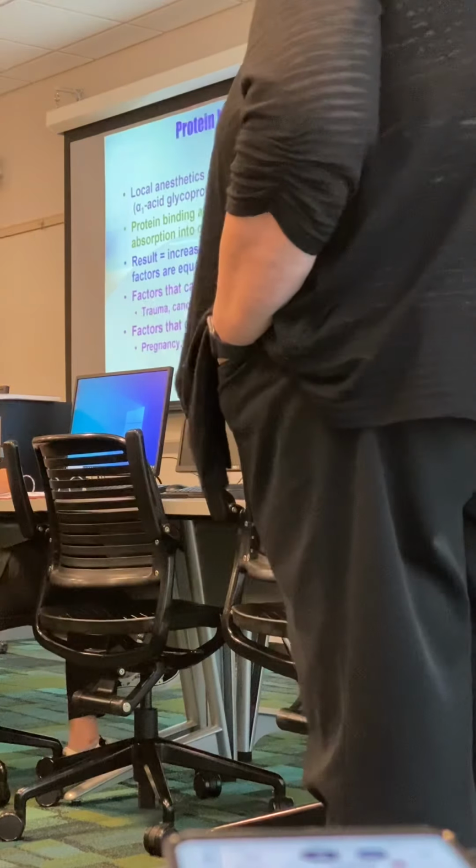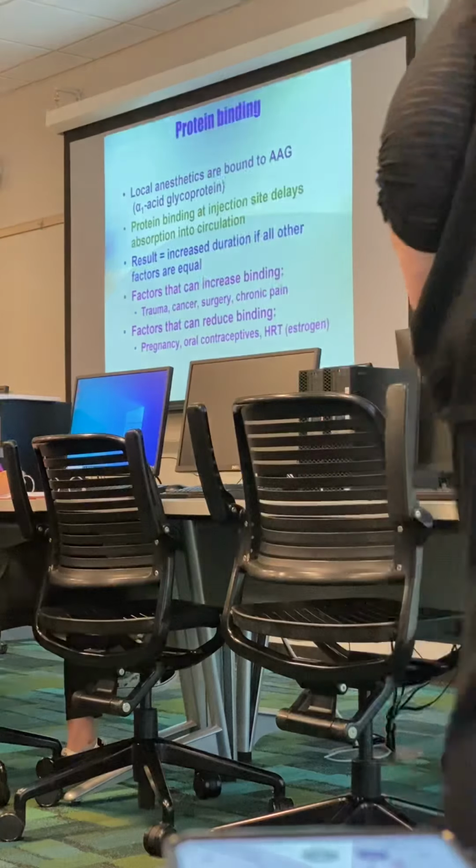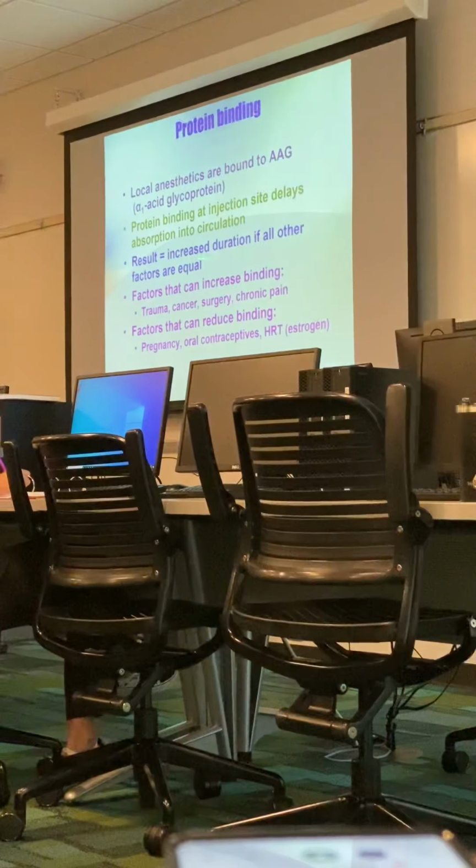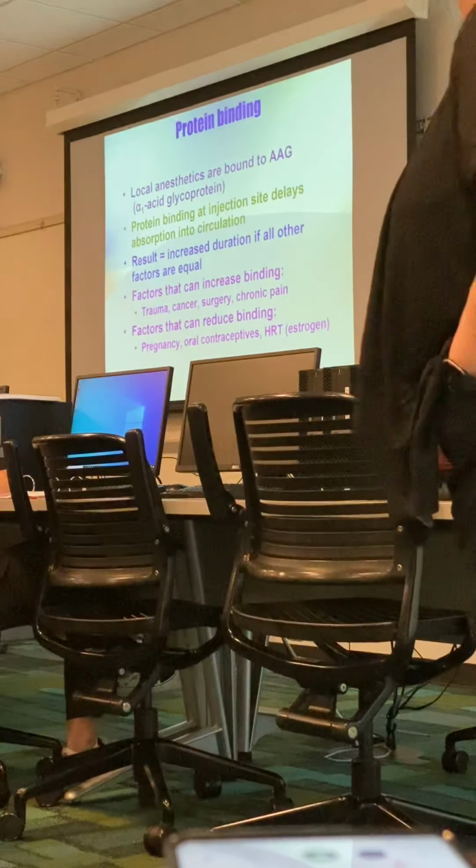So the result will be an increased duration of the anesthetic, again, everything else being equal. If you add a vasopressor to another anesthetic, it may last longer because of the vasopressor action. But with everything else being equal, the duration is going to be longer for the one that's more protein bound.